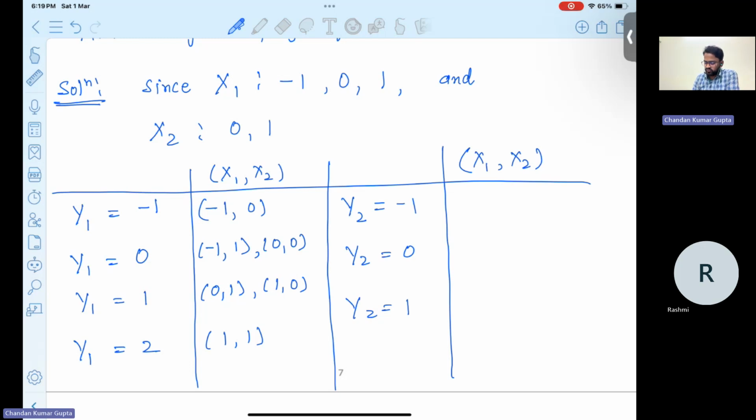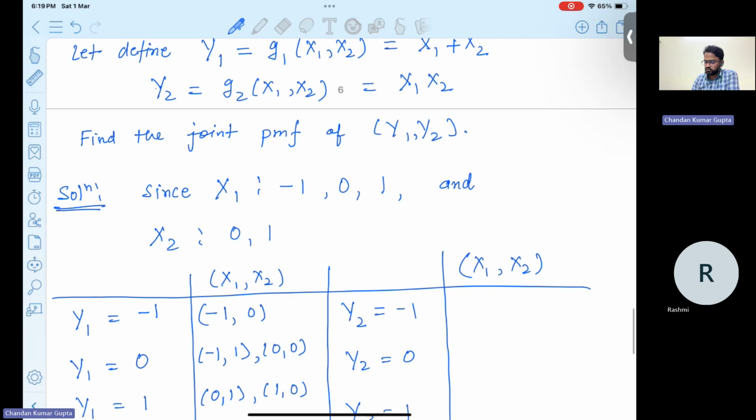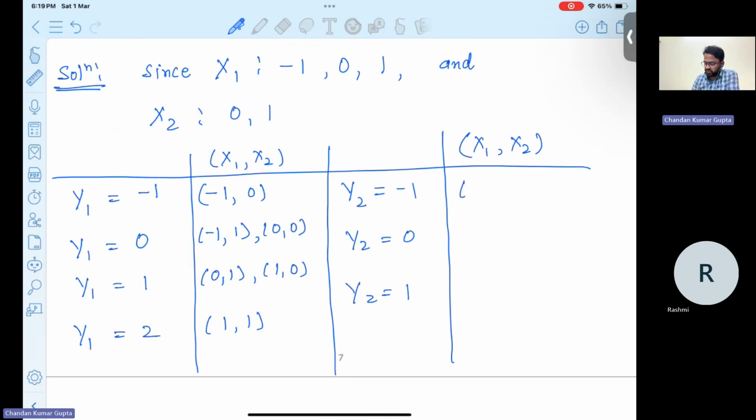Now, the value of y2 is defined as the product of x1 and x2. The product comes out to be -1 only when x1 and x2 are -1 and +1. Then the value of y2 comes out to be -1. It comes out to be 0 when one of the x1 or x2 values is 0.